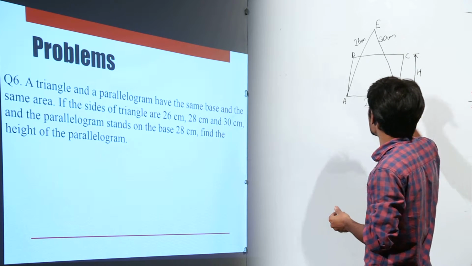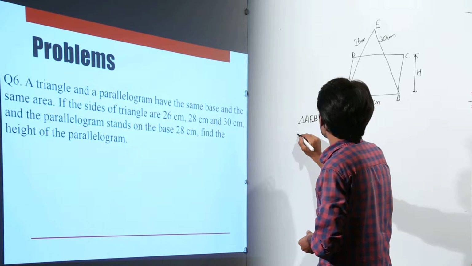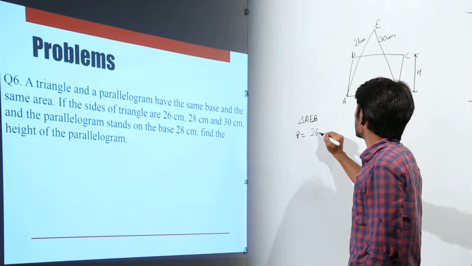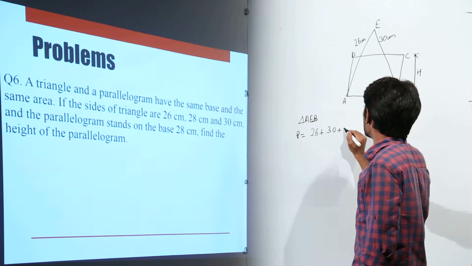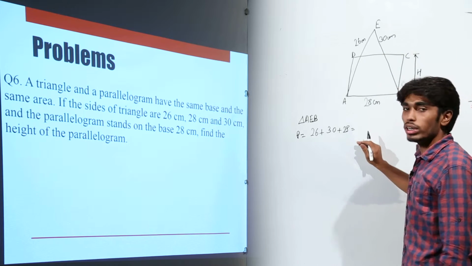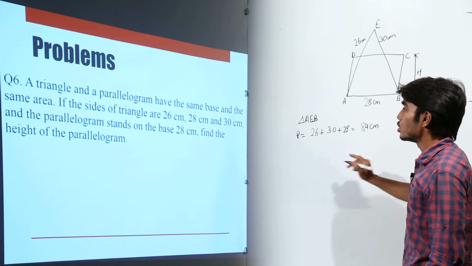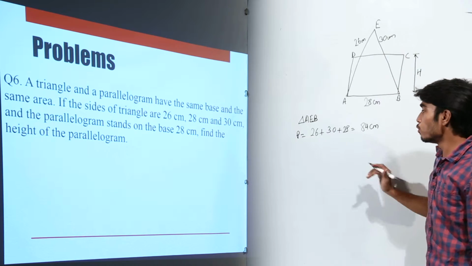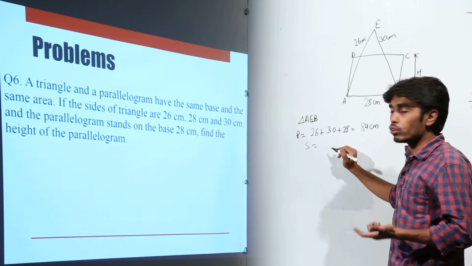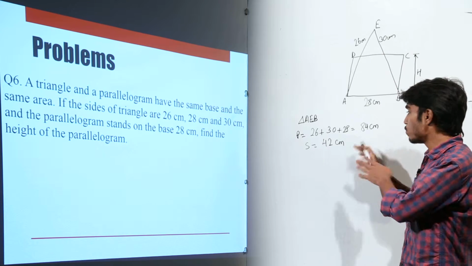First we will calculate the area of the triangle AEB. The perimeter is the sum of all the three sides, that is 26 plus 30 plus 28, which makes it 56 plus 28, that is 84 centimeter. So the semi perimeter would be half of 84, that is 42 centimeter.